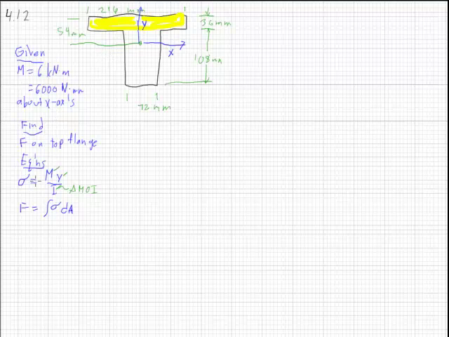So we'll set up our equation here, and so we have F equals the integral of M times y over I times dA.